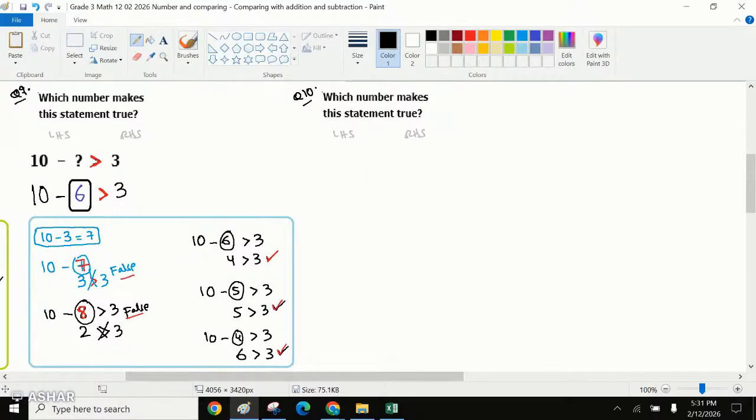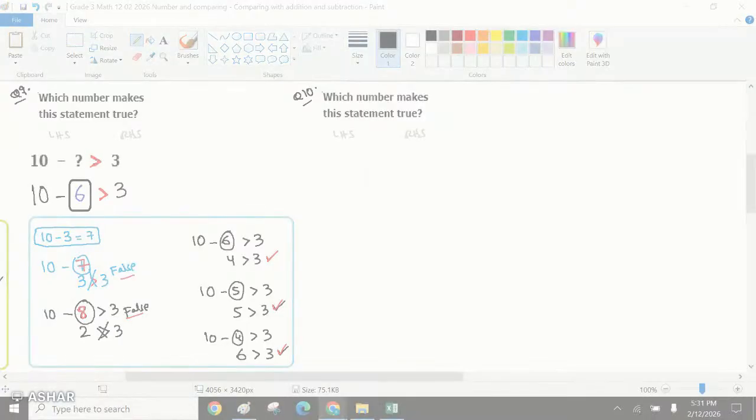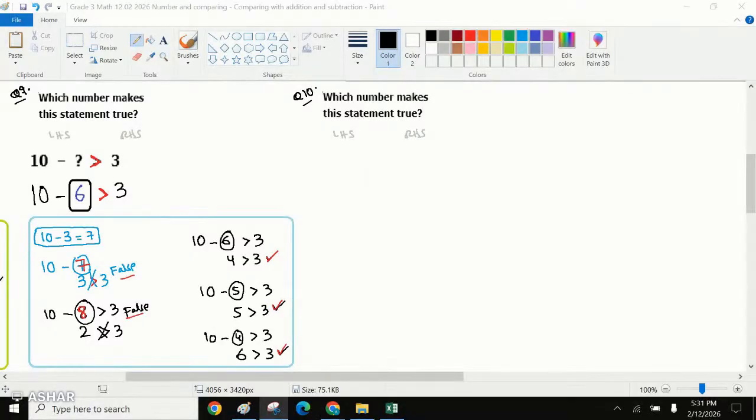And the statement says, 2 plus something is less than 6 minus 1. Just a moment, I'll copy this.